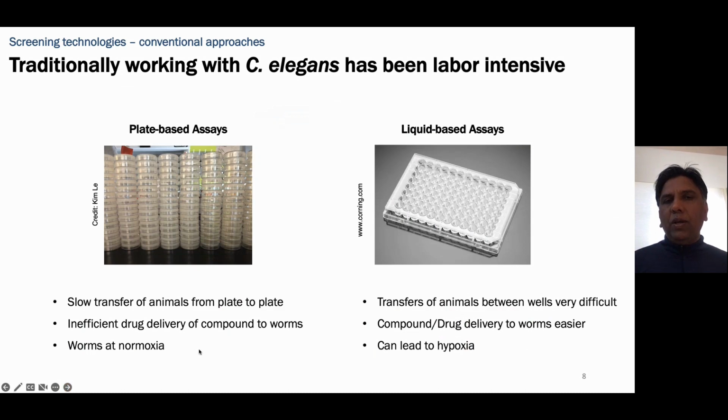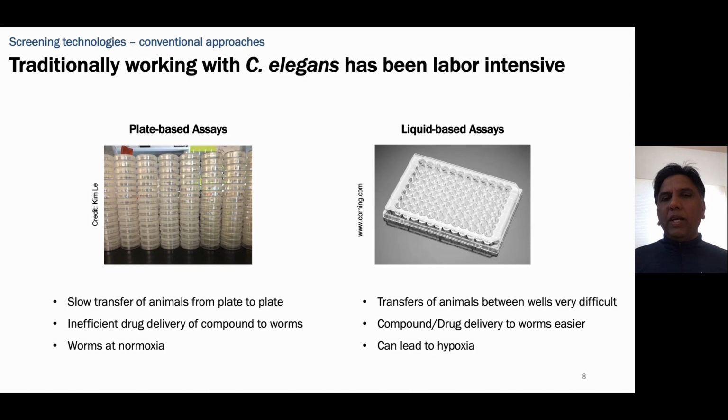Now, this is how screening has been done in C. elegans in the past, where the standard medium is to use agar plates, which you see on the left here. The challenge with using agar plates is that because of that reproductive phase, which I discussed earlier, the animals have to be transferred daily, and that imposes challenges in terms of labor and throughput.